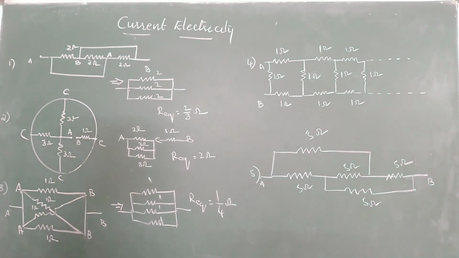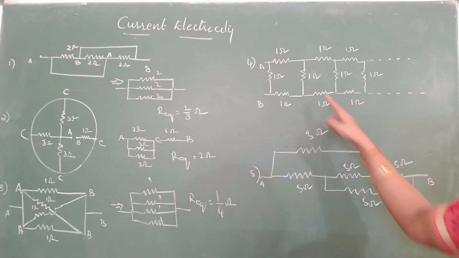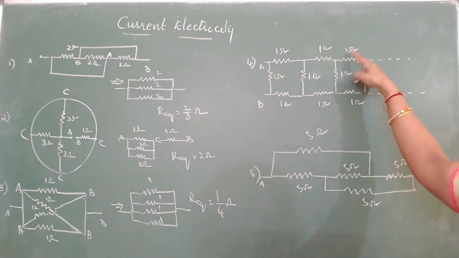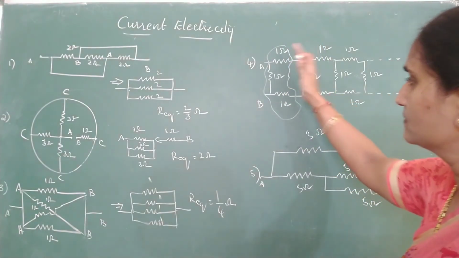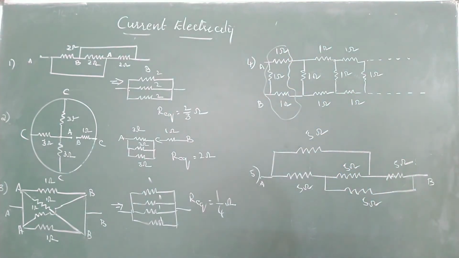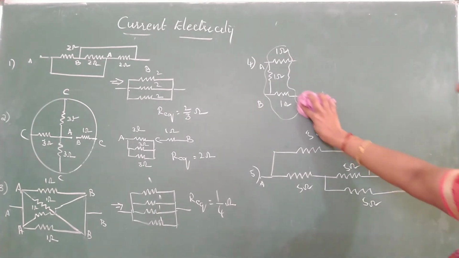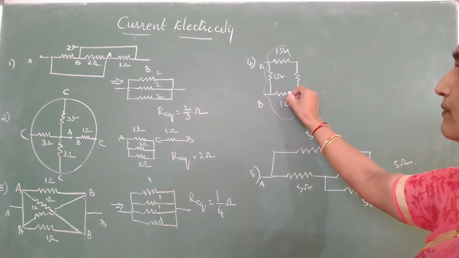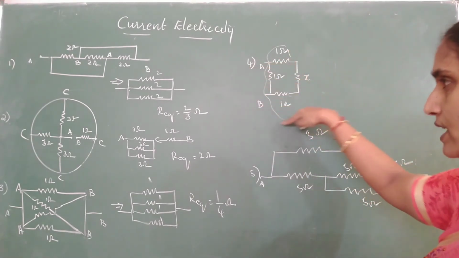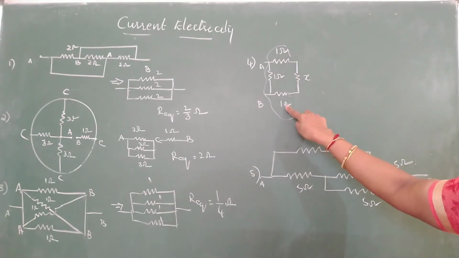Now come to infinite series. How will you solve for infinite series? A simple infinite series network: identify the repeating branch. 1, 1 and 1, all are 1 ohm resistors. Is this a branch which is continuously repeating? So leaving one branch, we will assume the resistance till here as equal to X. The equivalent resistance should also be equal to X. So how is X connected to 1 and 1?